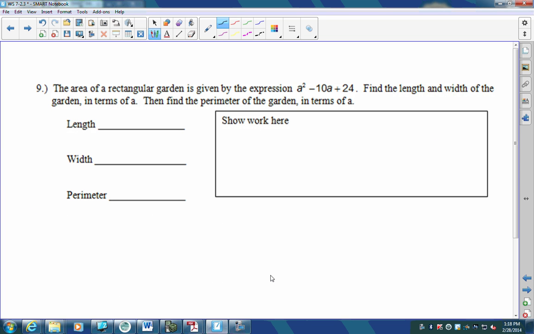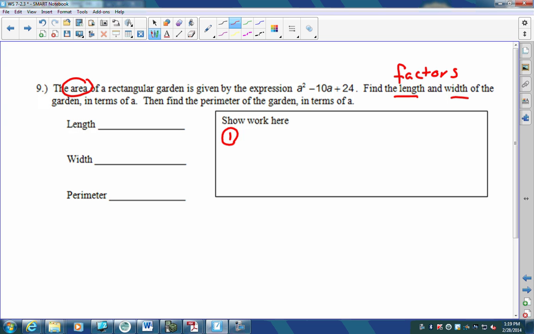All right, look at this one. What did we say yesterday when we're talking about area, and they want us to find the length and the width? What are we looking for when we find length and width? The factors, right? So I need to factor this right here. So I'm going to do the same steps.